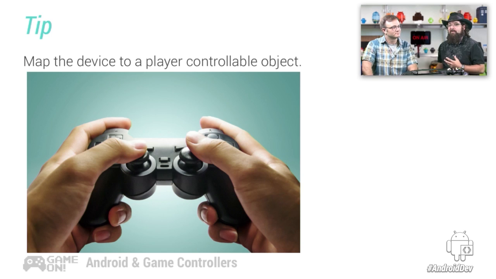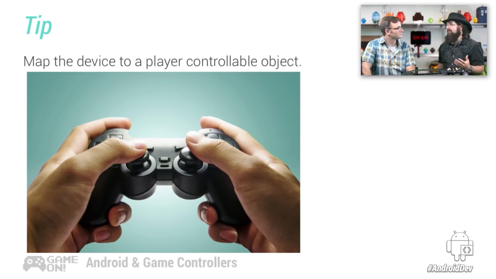So one thing I want to point out, since we've talked about the state of the device and storing it, is that you're going to want to figure out an abstraction where each player is assigned a controller device and let that be consistent. As well, you want to let the users sort out whose controller is mapping to which player.